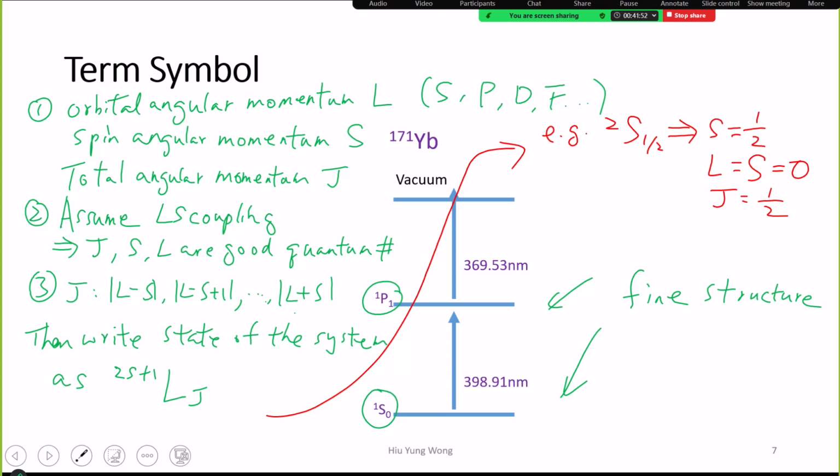So I think I confused many of you. Try to understand, if not, fine. The full exercise is that you just agree with me. After this fine structure, we are going to split it into more levels, and we are going to label it with this term symbol. If you're okay to accept it, accept it.